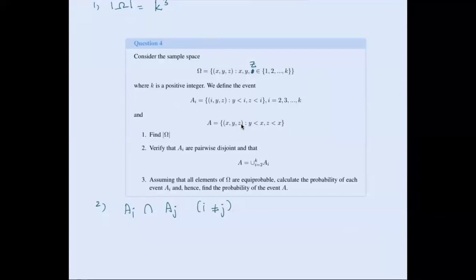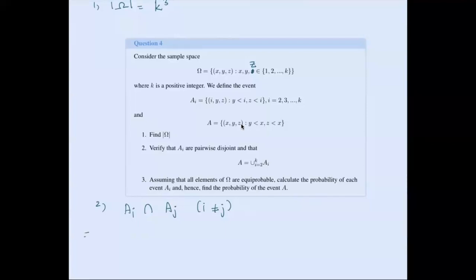Assume that i and j are different numbers, and we will look at the intersection of the 2 sets, A_i and A_j. If we can show that their intersection is an empty set, then it means the 2 sets are disjoint, right?